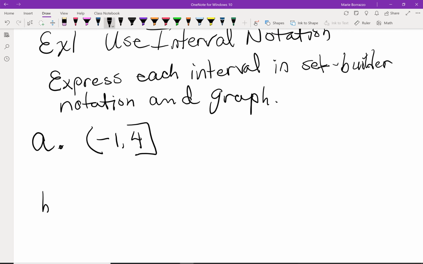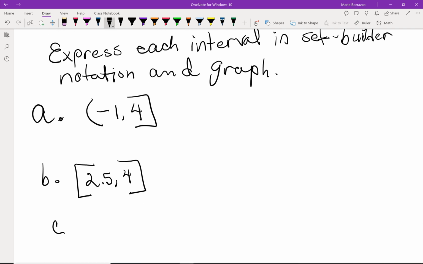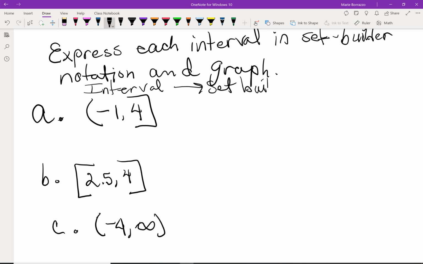In part B, they give you 2.5, 4, and in part C, they give you parentheses -4, infinity. And so they give it to you in interval notation. If you notice, this is interval notation. They want you to write it in set builder and then give them the graph.